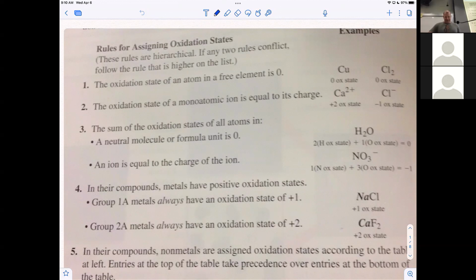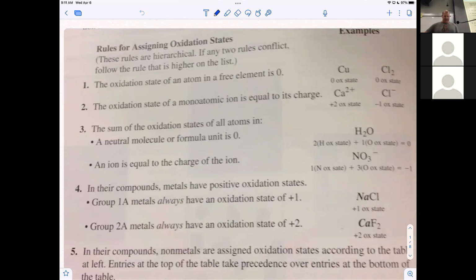Then the sum of the oxidation states for all the atoms in a neutral molecular formula unit is 0. Water, for instance, and it can be ionic compounds too, like NaCl. In sodium chloride salt, the sum of the sodium and chlorine oxidation states is 0.